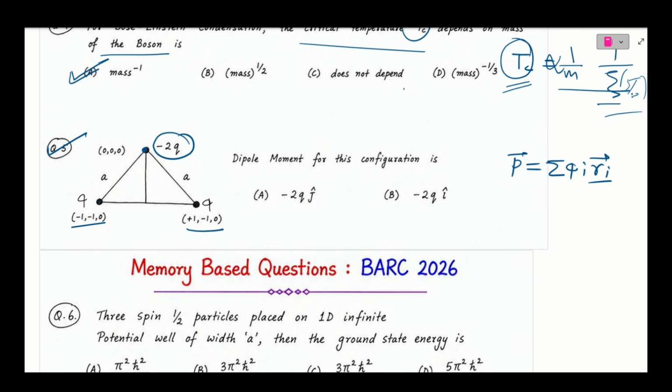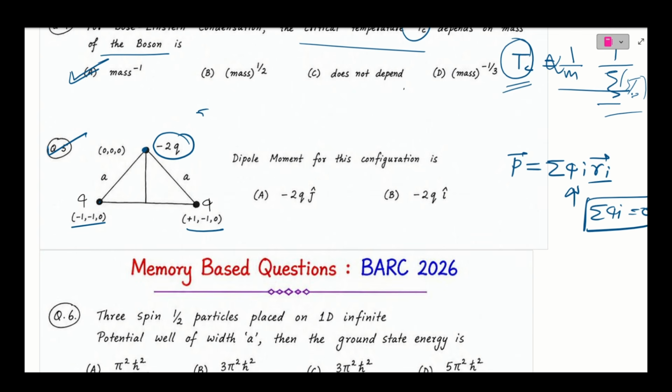It is applicable only when the summation of qi is 0. So we have to check whether the addition of all the charges gives 0 or not. Here in this configuration there are three charges, minus 2q, plus q, and again plus q.